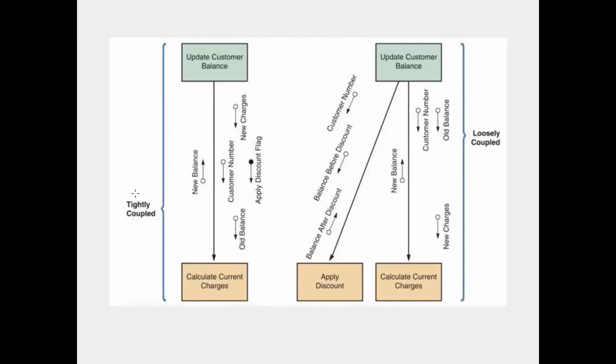Right, now you can see when you talk about coupling, you have tightly coupled. From here, we can send customer number, and then we have old balance and new charges, and new balance is on top.